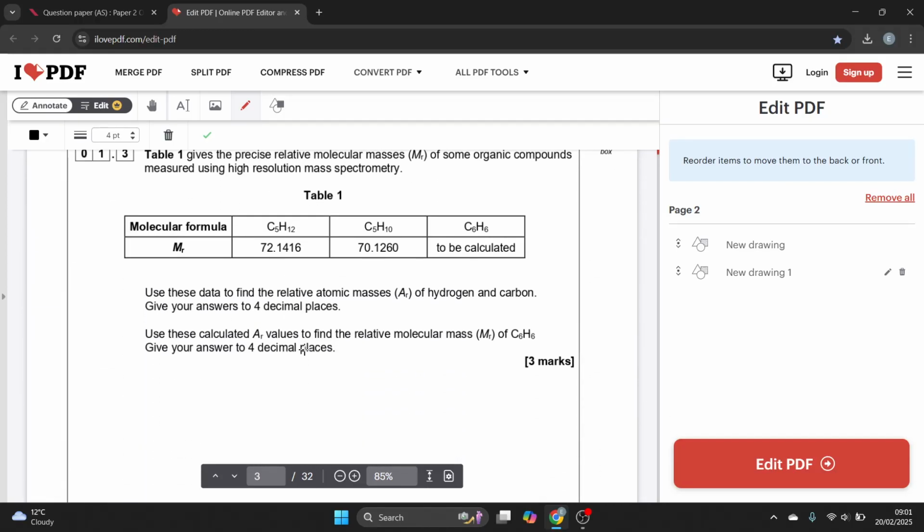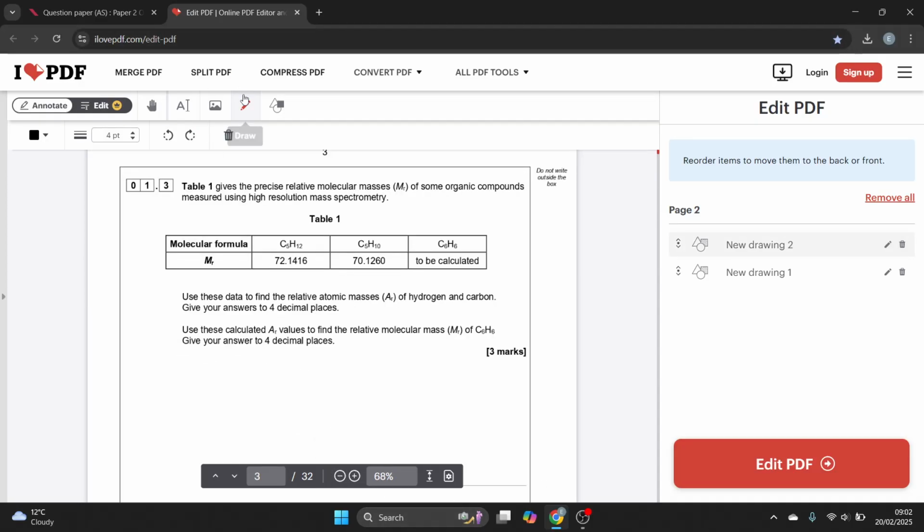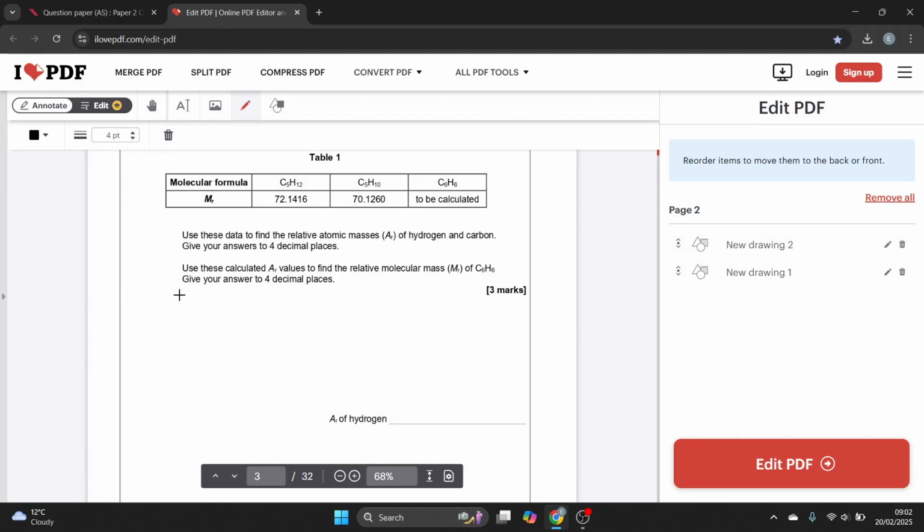Question 1.3, use the data to find out the relative atomic masses of hydrogen and carbon. Okay, so to find out hydrogen, I'm going to do C5H12 minus C5H10 to get 2 hydrogens.